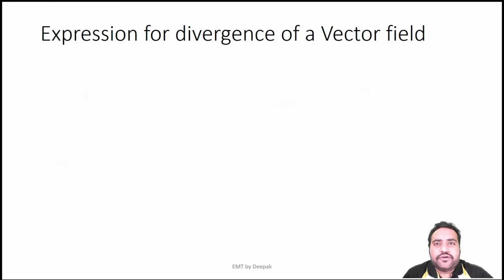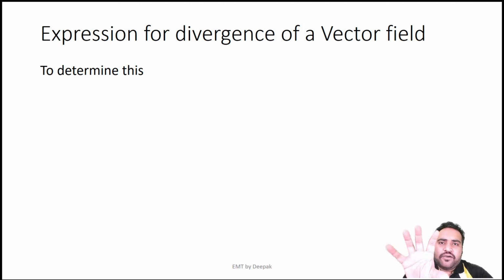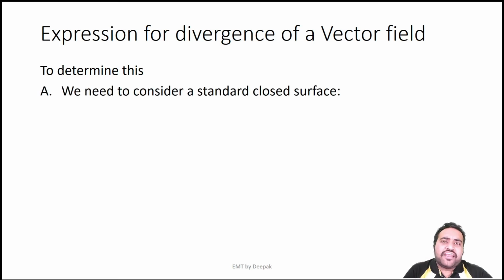I'd like to determine the expression of divergence of a vector field in the 3-dimensional Cartesian coordinate system. To determine this, we have some requirements. We have a numerator requirement and a denominator requirement. The denominator requirement is that we need to find the volume, and the numerator requirement is that we need to find the closed surface integral. To determine the closed surface integral, we should have a standard closed surface defined.